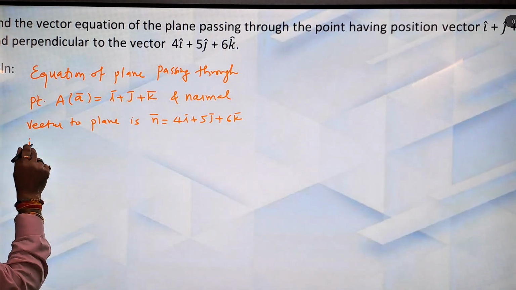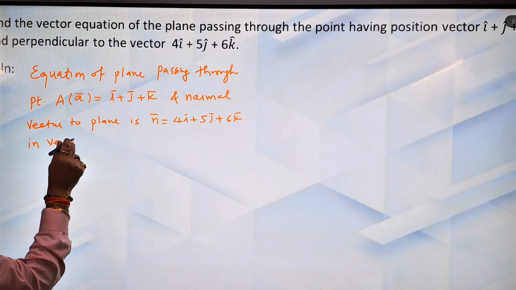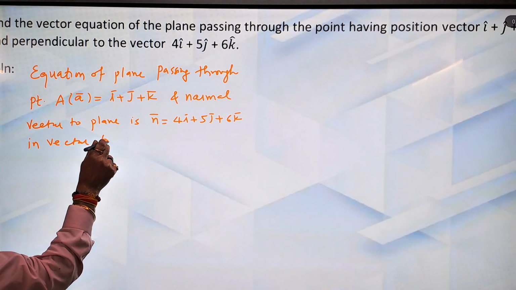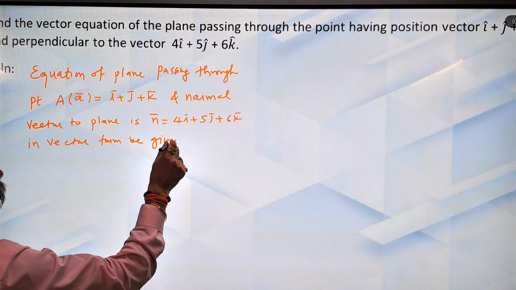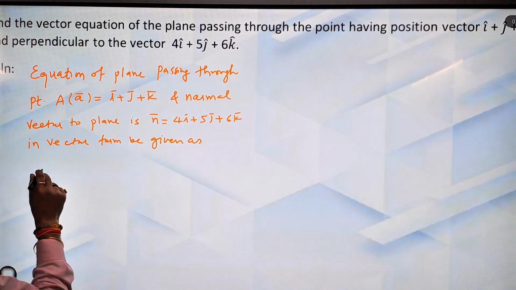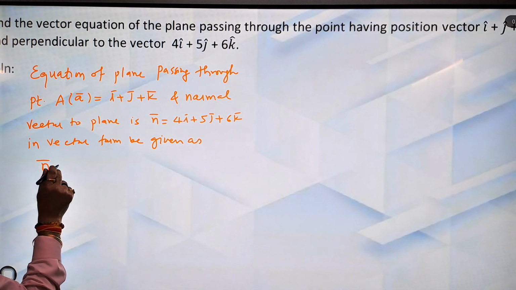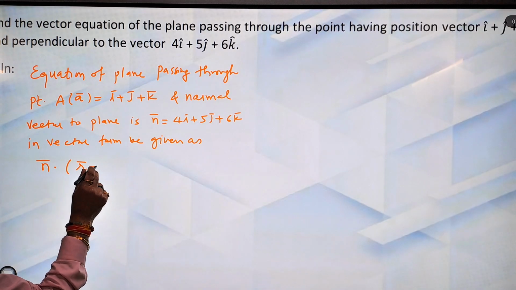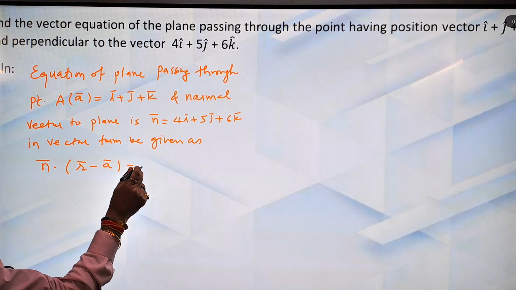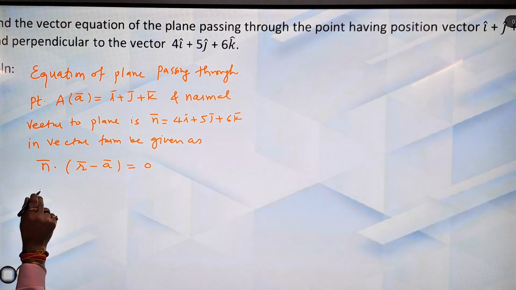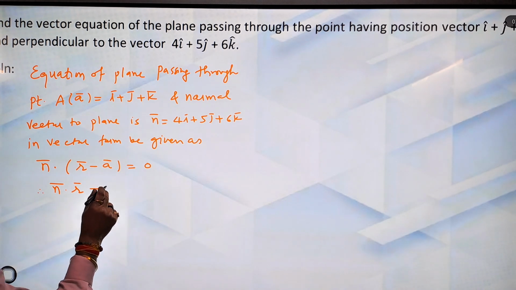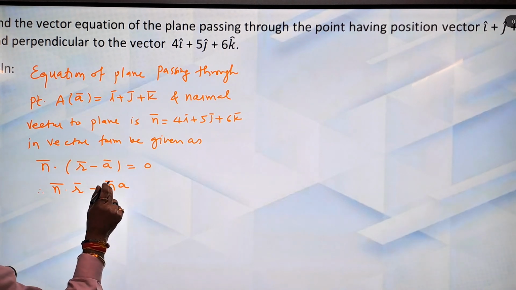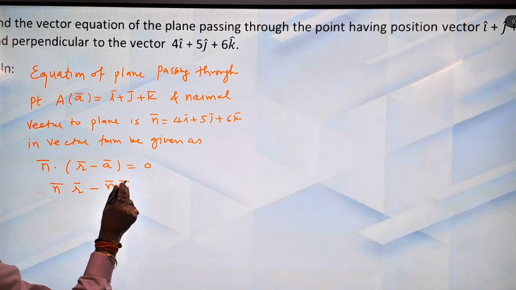in vector form be given as n bar dot r bar minus a bar is equal to 0. N bar dot r bar minus n bar dot a bar.